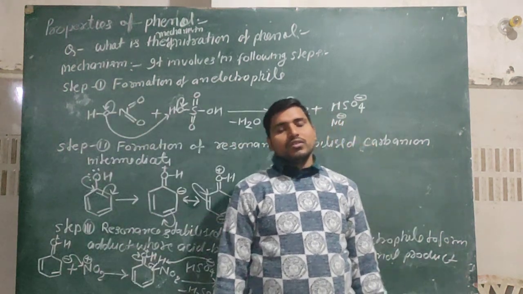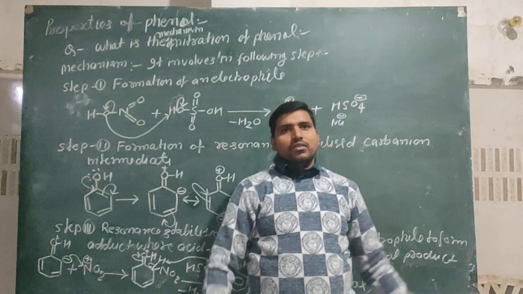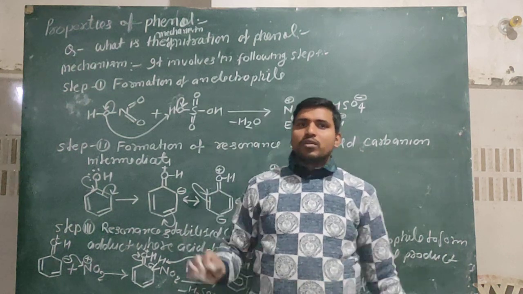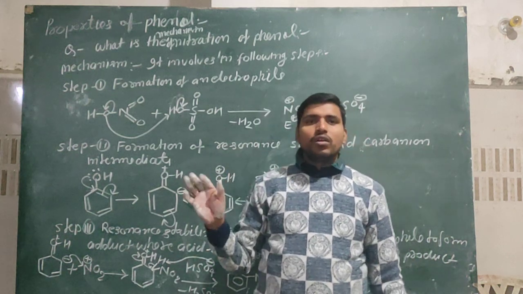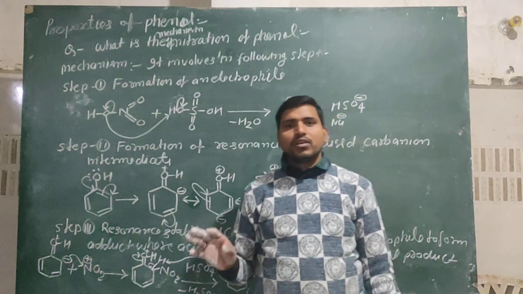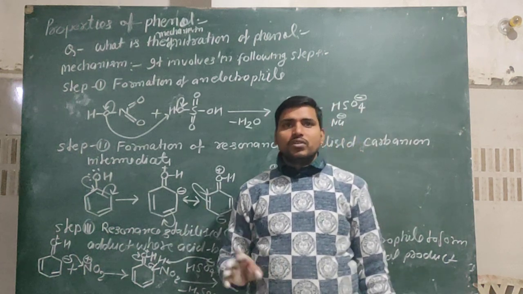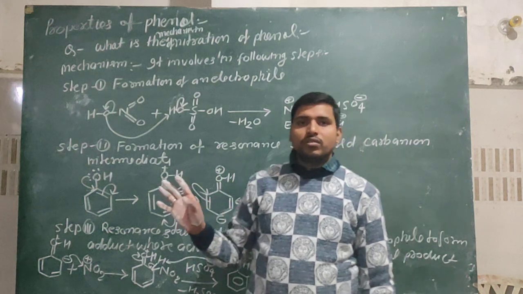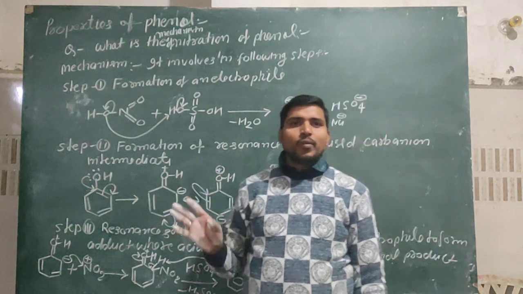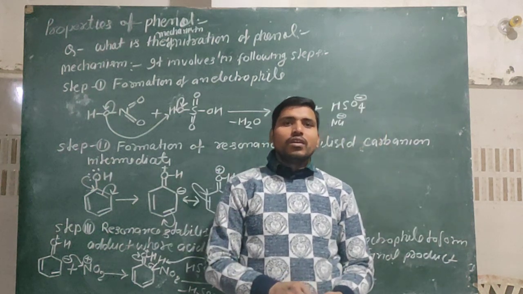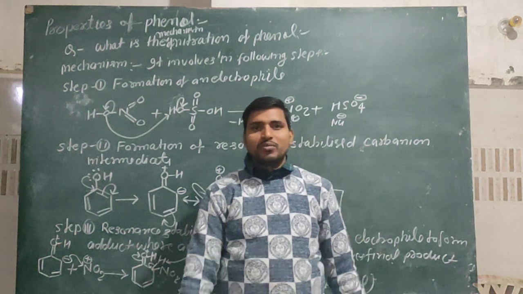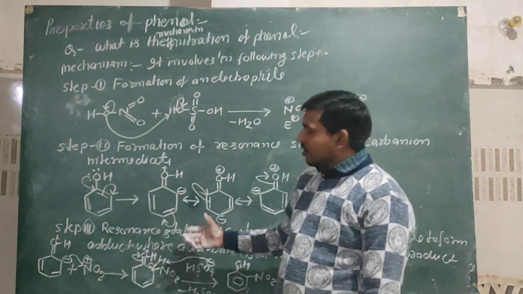And yesterday I told you about the chemical properties of alcohol. Today we discuss different most important reactions and mechanisms of phenol and alcohol both, and next day I will discuss different types of chemical properties of alcohol.